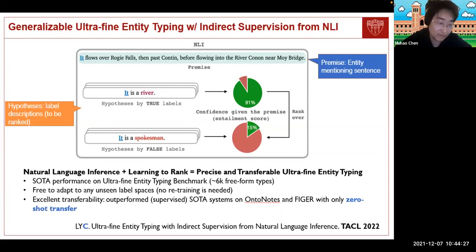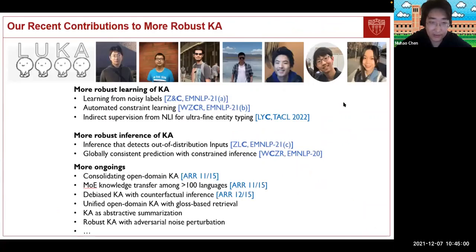In comparison, previous systems train a multi-way classifier on language model output, and if you have unseen labels, the model has to be retrained, otherwise you cannot use it. And also, more importantly, our system obtains very excellent transferability. We are able to outperform the state-of-the-art supervised systems on OntoNotes and FIGER when we just perform zero-shot transfer of our system that is trained on UFET. So this is a very awesome result.